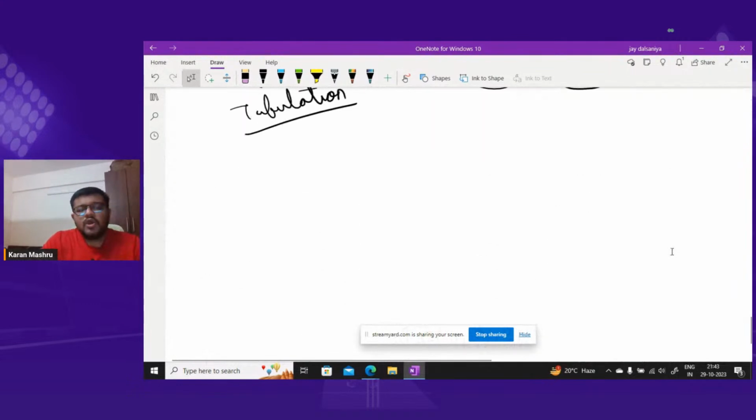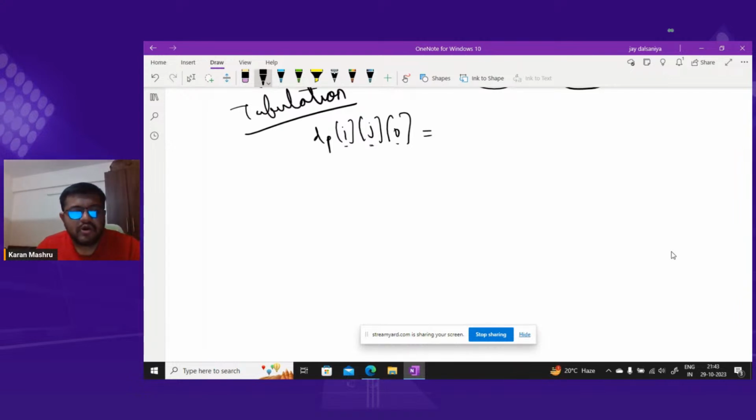Okay, so can I say dp of I, j, 0, that is, if we consider all the suffixes starting with index I, if the summation of f values is j, and if the suffix starting with index I has XOR 0, I can either take 1 or 0 here.